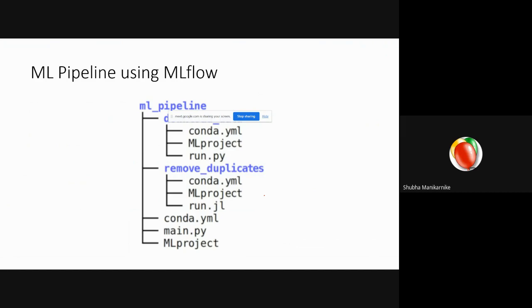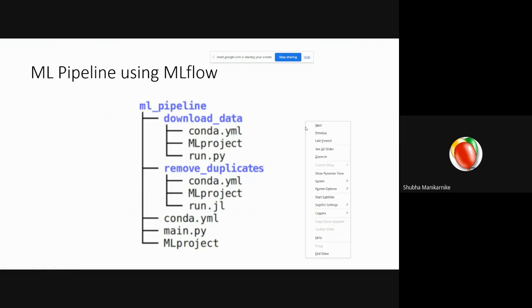So now you saw how you have a simple MLflow project with just 3 things. This is how you build an MLflow pipeline. Every MLflow pipeline folder will have its own conda file, main.py and MLproject. The MLproject will run your main.py, and inside this main.py you can call the subcomponents like download data or remove duplicates.